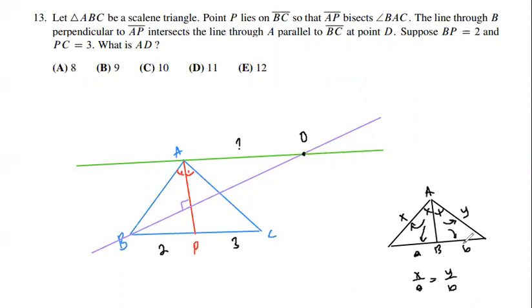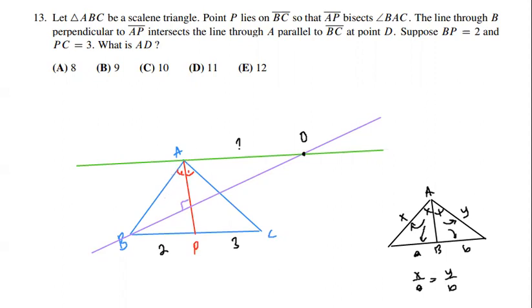If you don't know about this one, it's a relation that we need to remember, and you can actually prove it using some similar triangles. But that's not the point right now. So that's called the angle bisector.